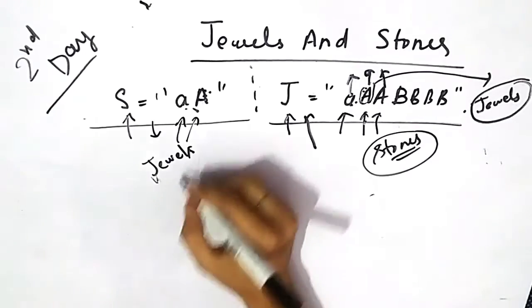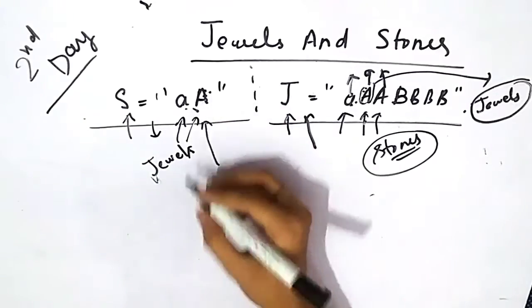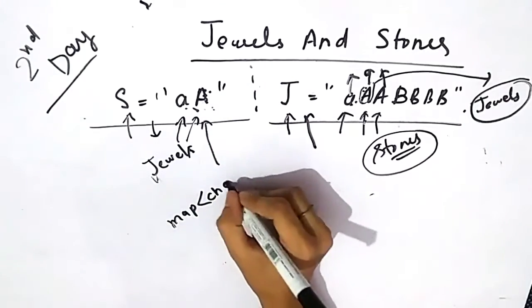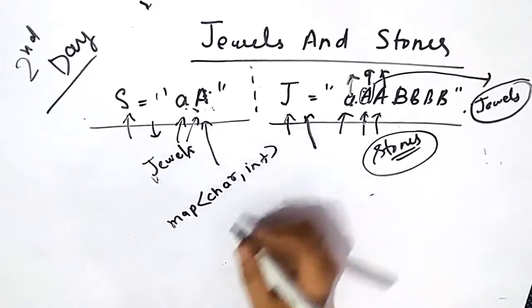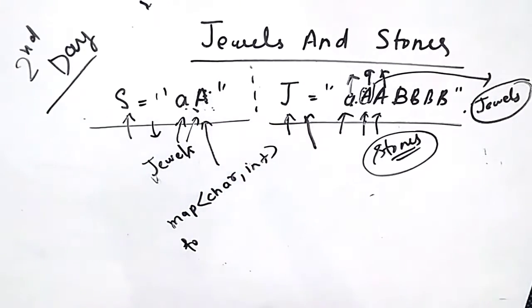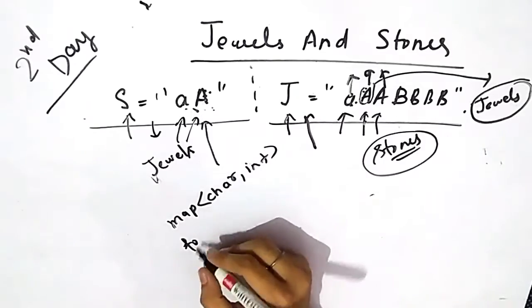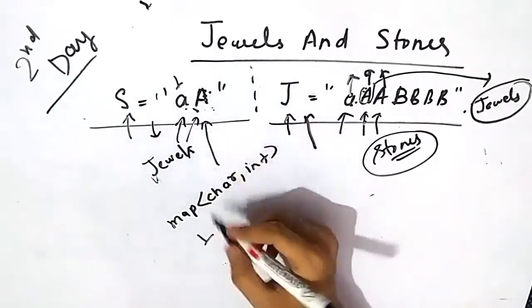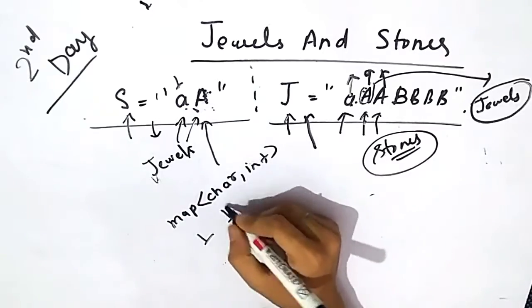We will simply store the frequencies of these elements in the map. We will take a map of char comma int, and simply traverse through this string and store the frequency of each and every character. Like the frequency of a is 1, and the frequency of capital A is also 1.